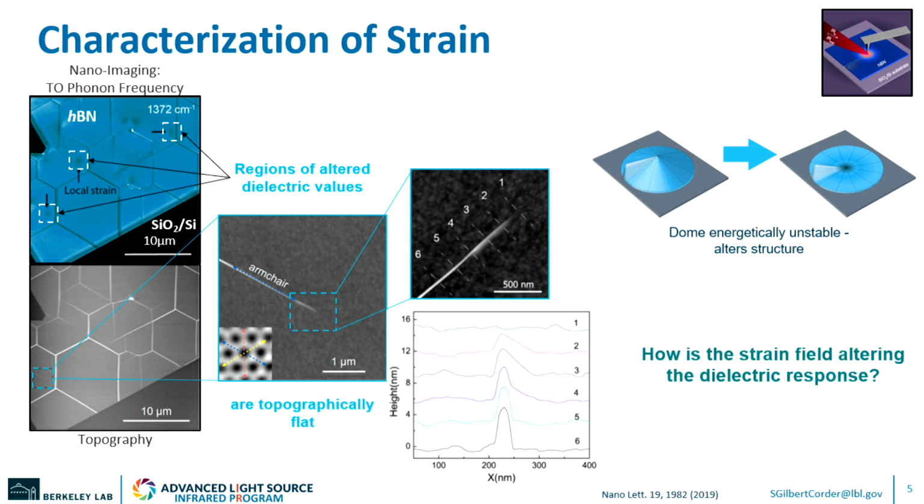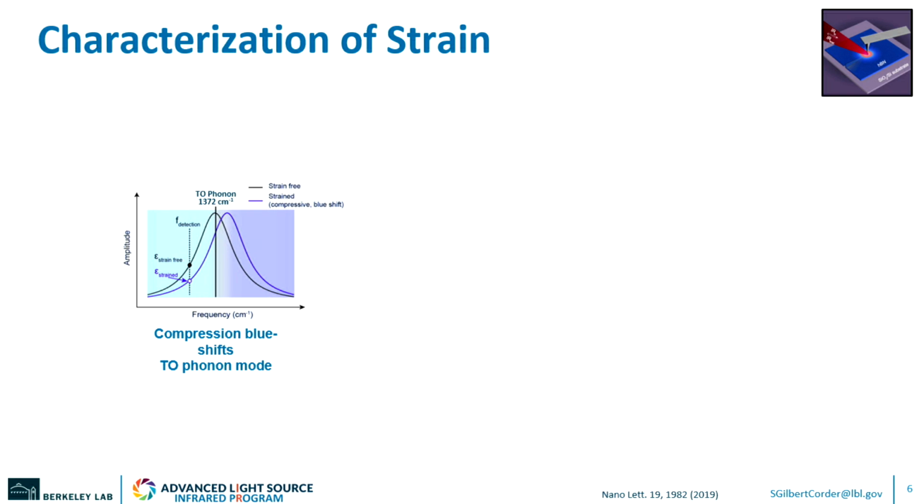And so the question at that point was how the strain field that this collapsed shape generates alters the dielectric response. To really understand that, we turn to synchrotron nanospectroscopy. There's a nice little cartoon here that demonstrates that anytime you strain a lattice, you're going to change the vibrational modes in the material. It was expected that with compression, this TO phonon mode would blue shift.